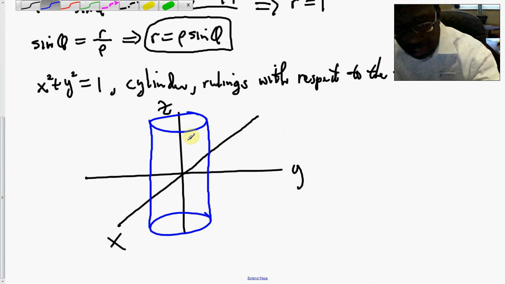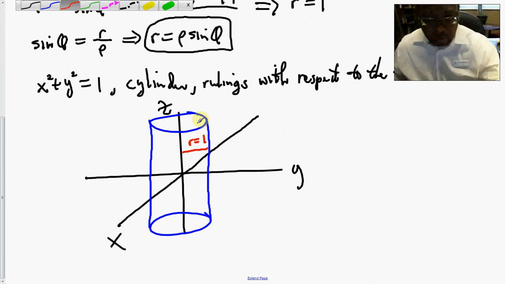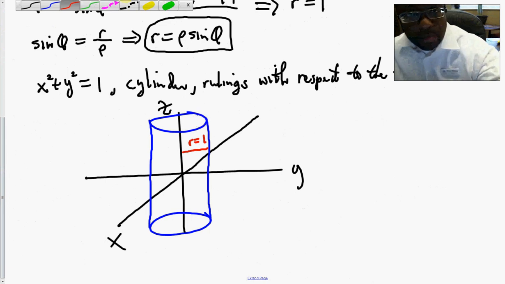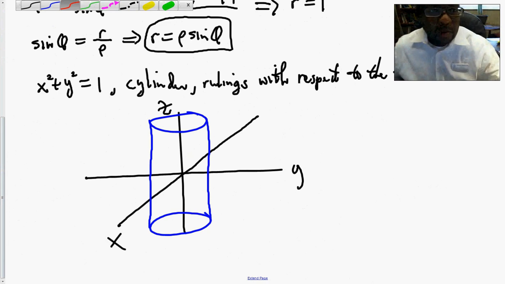Radius 1, obviously, right? You get the picture.